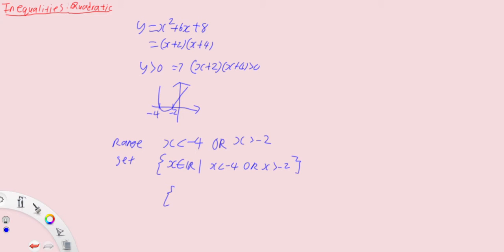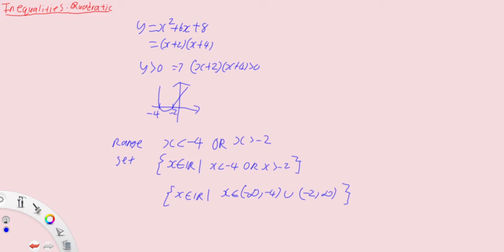Alternatively, we can write x is an element of negative infinity to minus 4, union minus 2 to infinity. All right, that took some processing to do because I'm not very used to the second style.